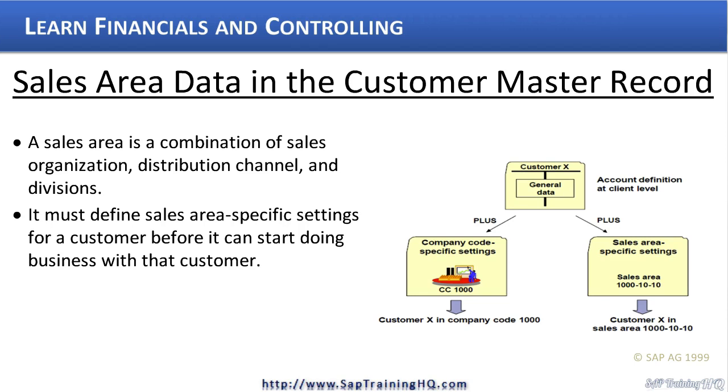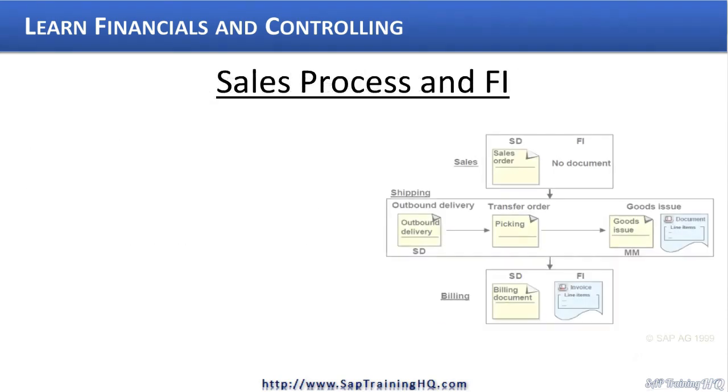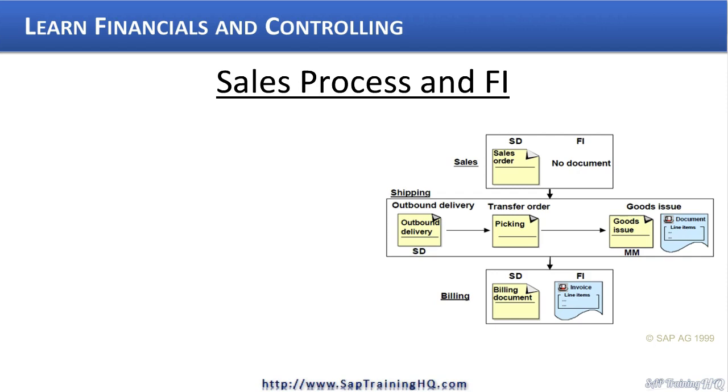Now let's take a look at the sales process and how it is integrated with financial accounting. Take a close look at the diagram here to understand how the sales process and financial accounting are linked. The sales order forms the basis of the sales process. Once a customer has placed an order, a sales order must be created at the start of the process.